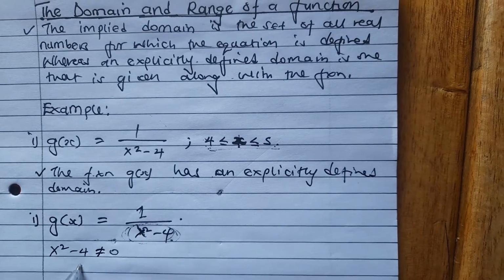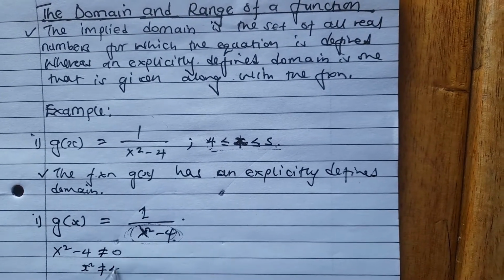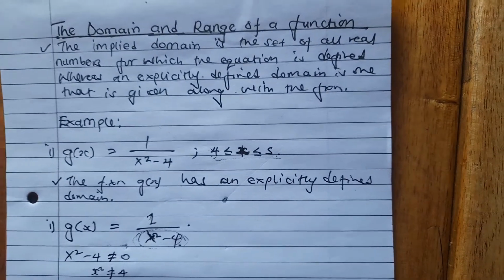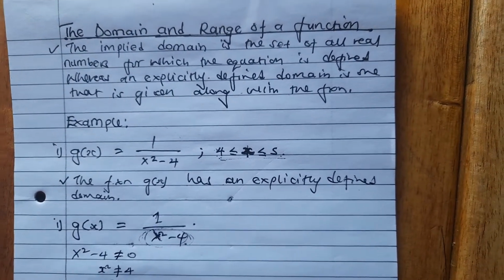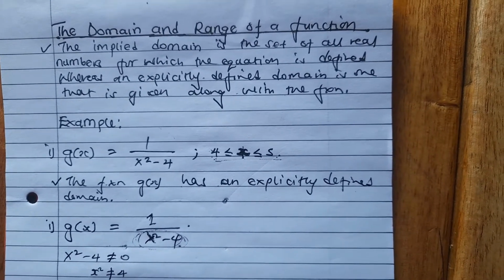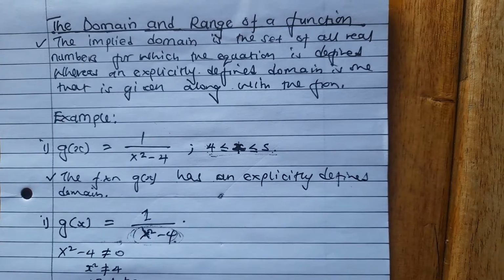This means that x squared should not be equal to 4, and this means that x should not be equal to plus or minus 2, because we said the square root of a number can be positive or negative.